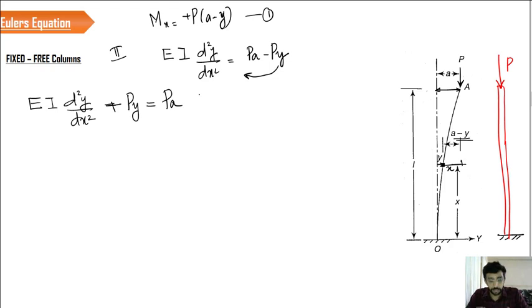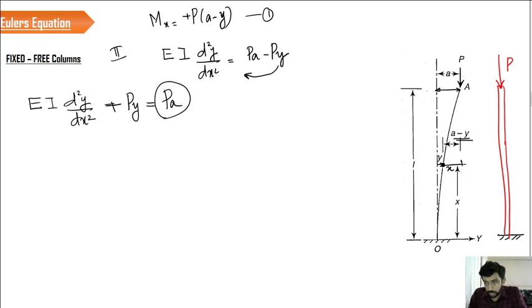When we compare this derivation, the fixed free one, with the hinged one, we can say that in the hinged condition, this particular term was equal to 0. Only EI into d square y by dx square plus Py is equal to 0 was the expression for the hinged condition.